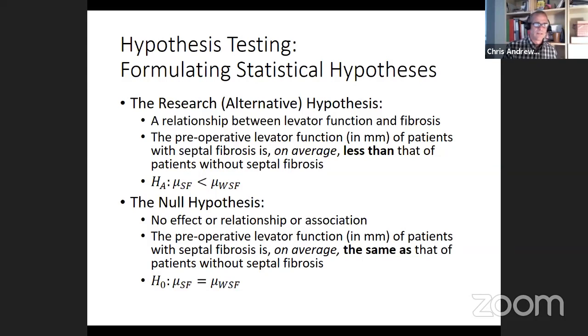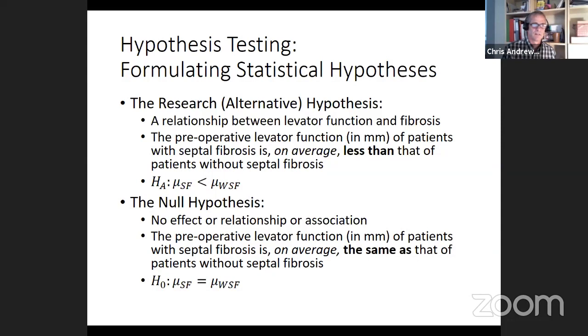So based on that claim, we want to be a little bit more specific. Whether it's worth writing it down as a formula or not depends on who you are. Sometimes it makes it more clear what you're doing. Other times the notation gets in the way. But basically, the research hypothesis is that there is a relationship between levator function and septal fibrosis.